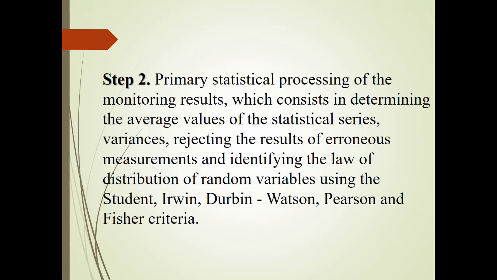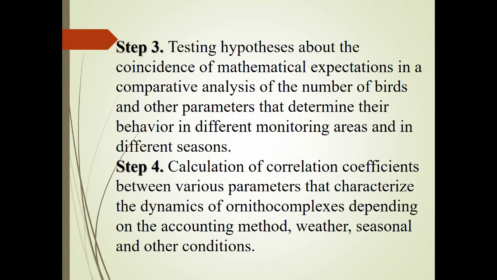Step 2. Primary statistical processing of the monitoring results, which consists in determining the average values of the statistical series, variances, rejecting the results of erroneous measurements and identifying the law of distribution of random variables using the Student, Irwin, Durbin-Watson, Pearson, and Fisher criteria.